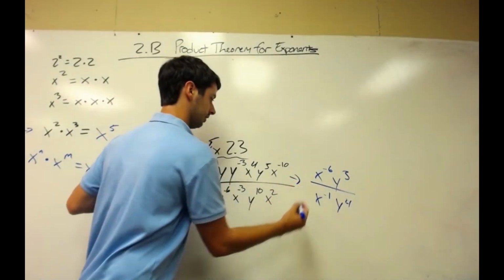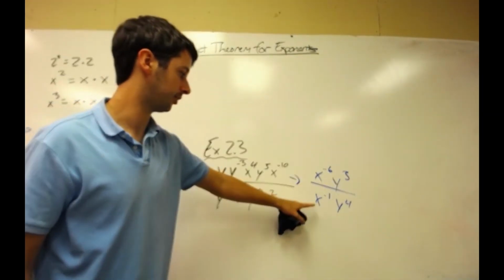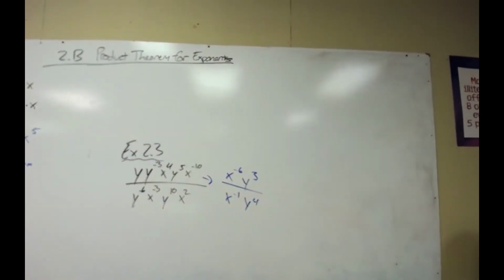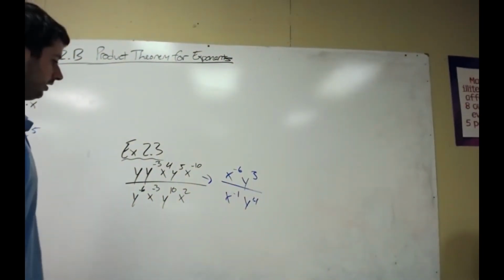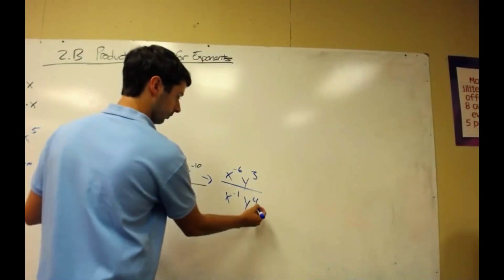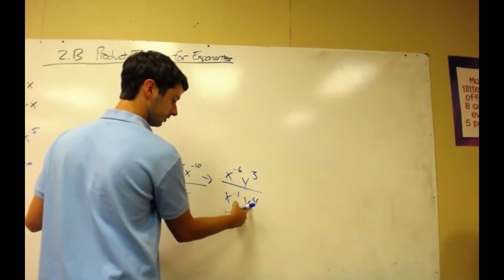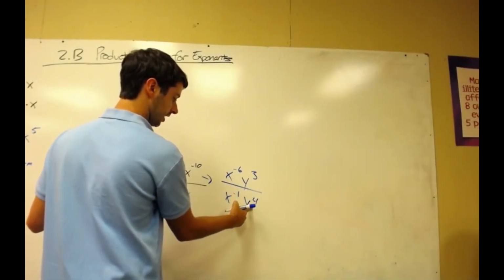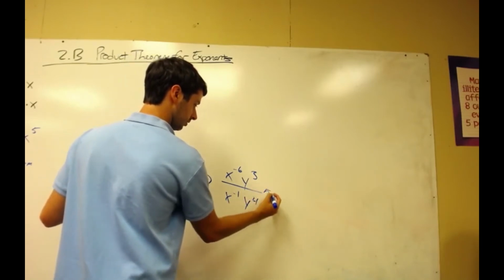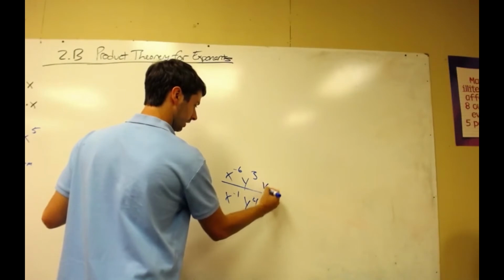Now we got to simplify a little further. We still have multiple x's and multiple y's. So let's say we're solving by putting everything in the numerator. Remember, when I move something from the denominator to the numerator with an exponent, it becomes y to the negative fourth.